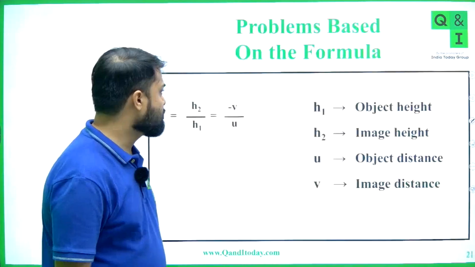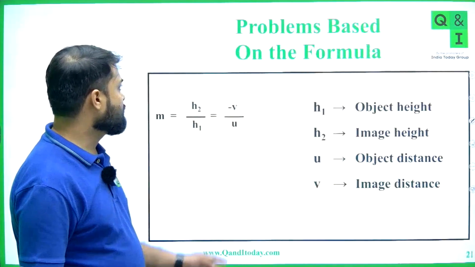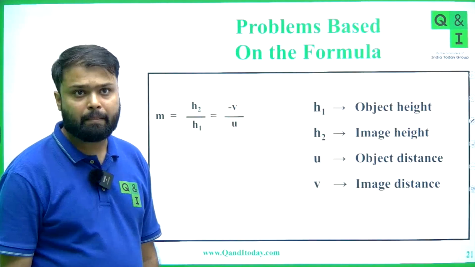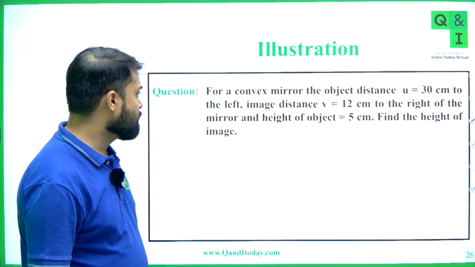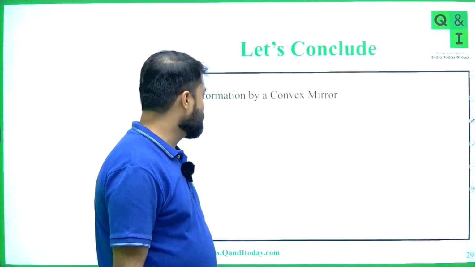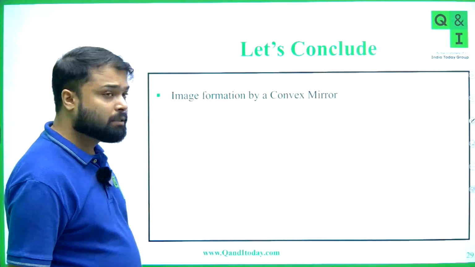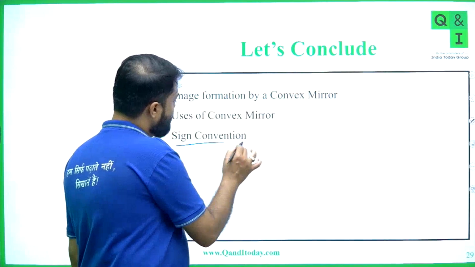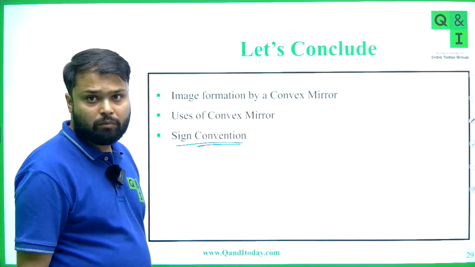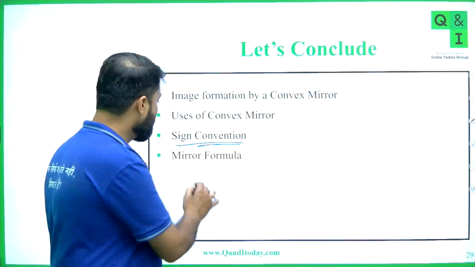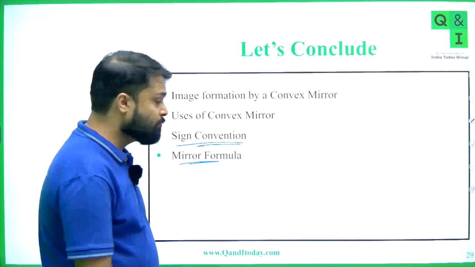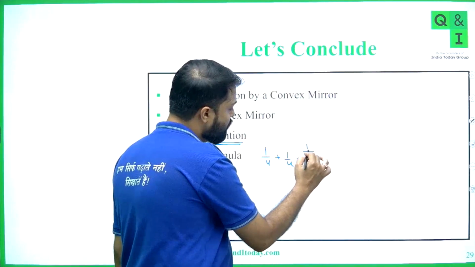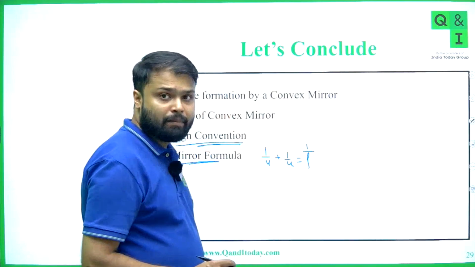Now in the next class, we will discuss problems based on magnification. I hope you enjoyed today's class. We solved various problems on the sign convention. Mirror formula, that is 1 by V plus 1 by U is equal to 1 by F. Clear?